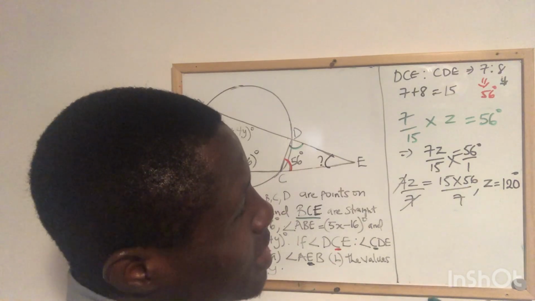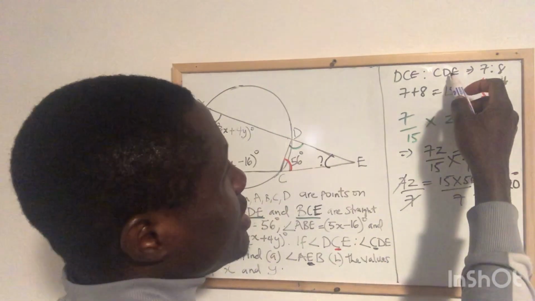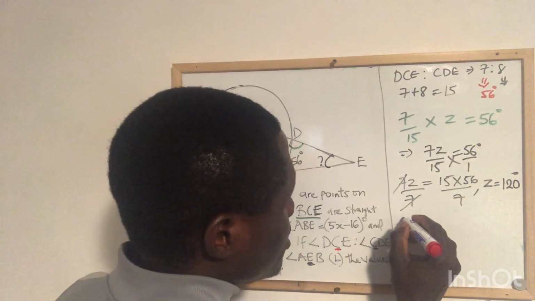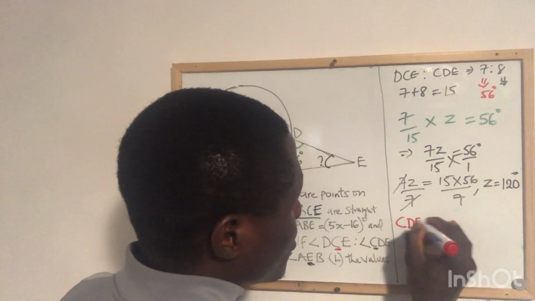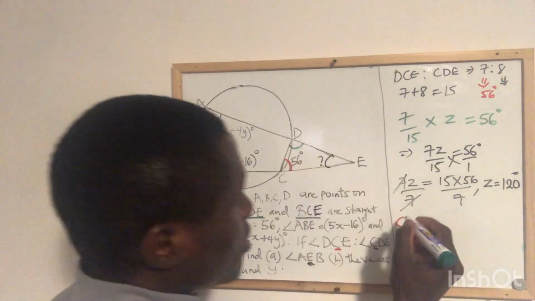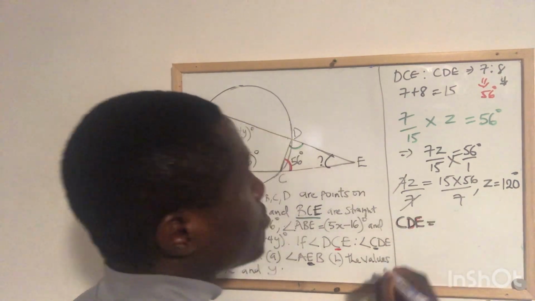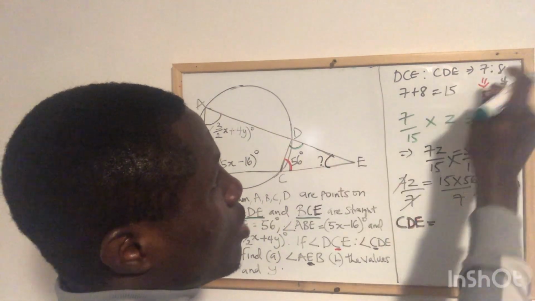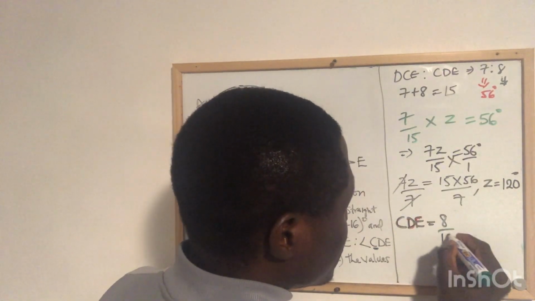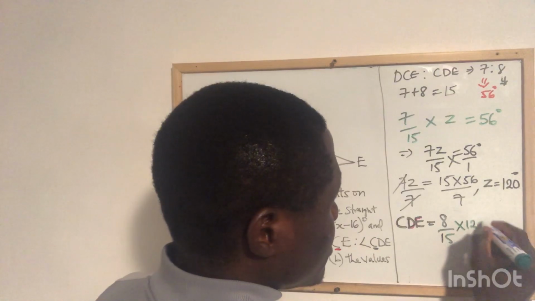Since we are getting Z to be 120 degrees, what we can do now is get our angle CDE. Let me use green for this. This angle here, angle CDE, is 8 in the ratio, so you're going to say 8 over 15 times our Z, which is 120 degrees.